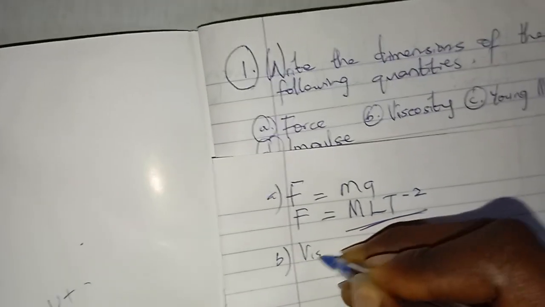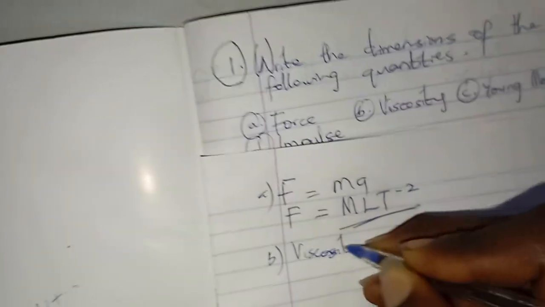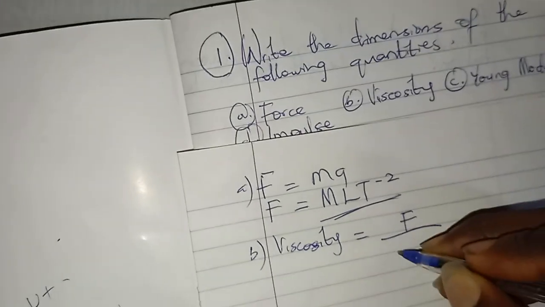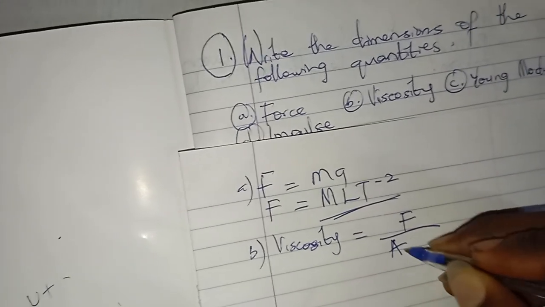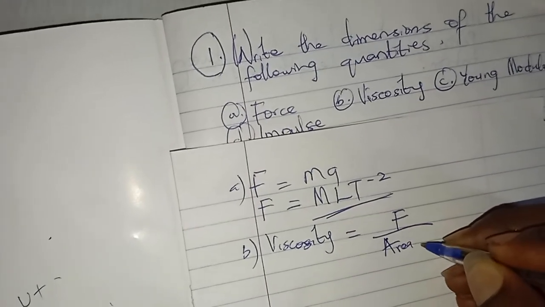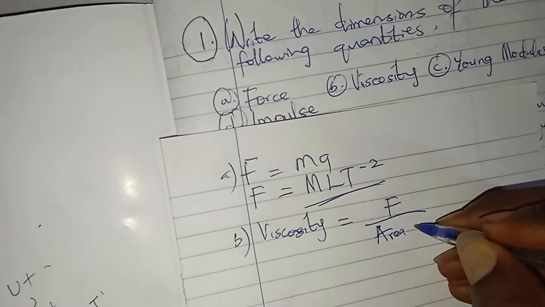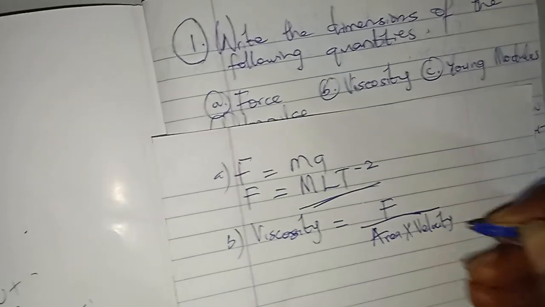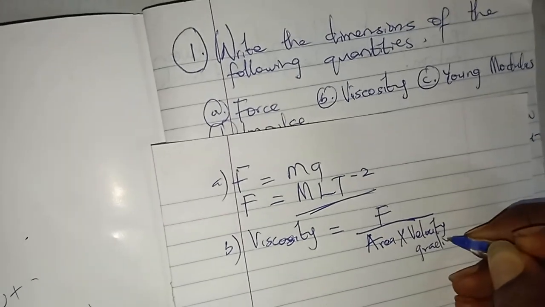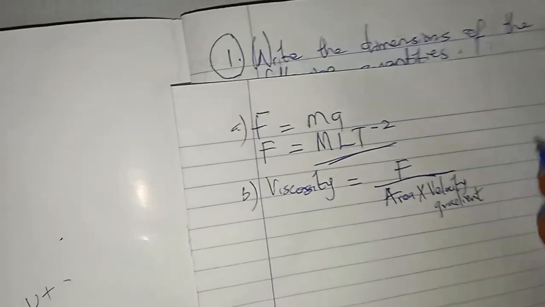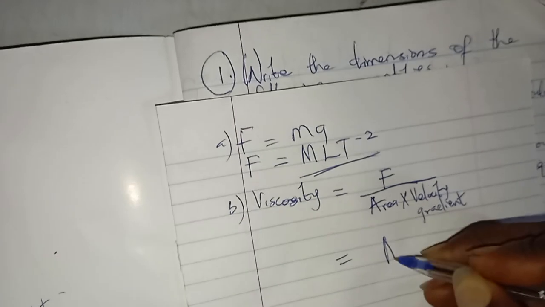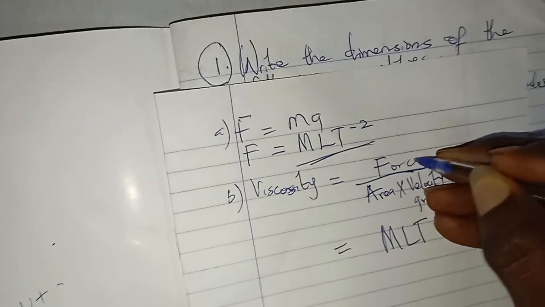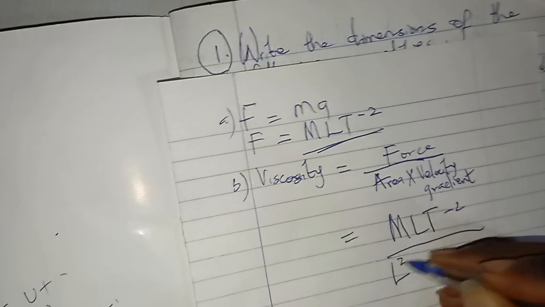B, viscosity. I told you that viscosity is simply the ratio of force to the product of area and the velocity gradient. And I told you that any gradient is that thing over length. So this is the same thing as saying MLT^-2 all over L^2.